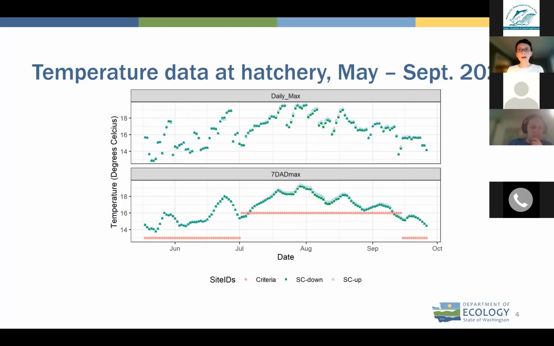And part of why that's possible is because of all the work that we've done for the benthic TMDL. So now I will move on and focus the rest of my presentation on the benthic TMDL.